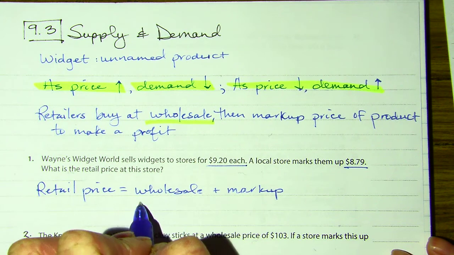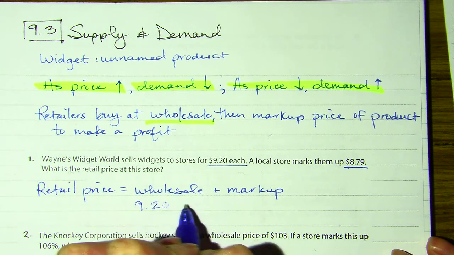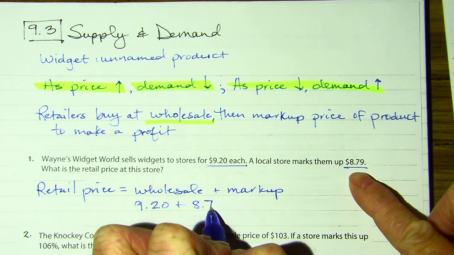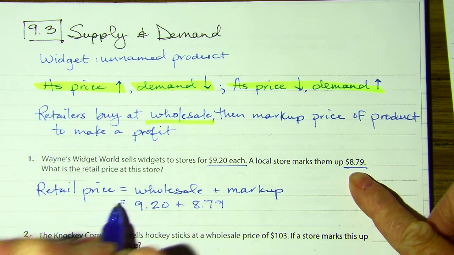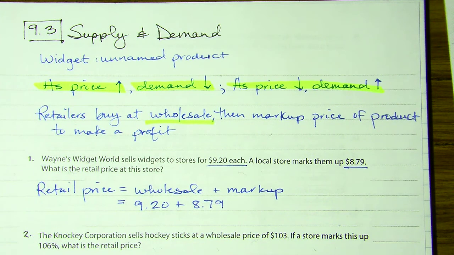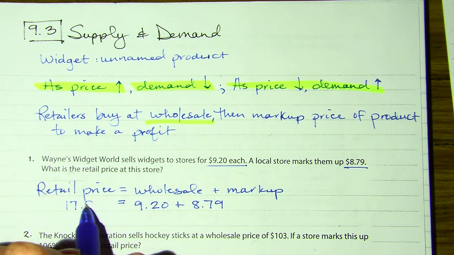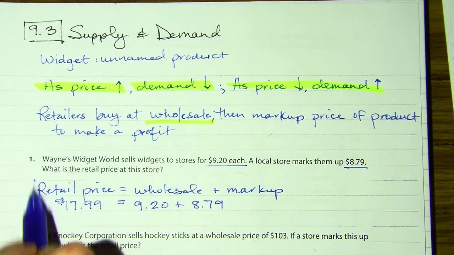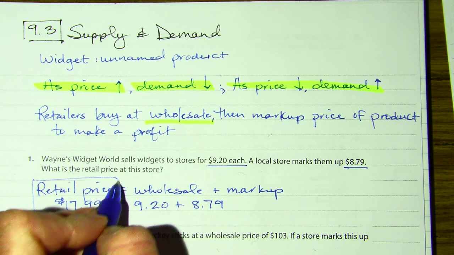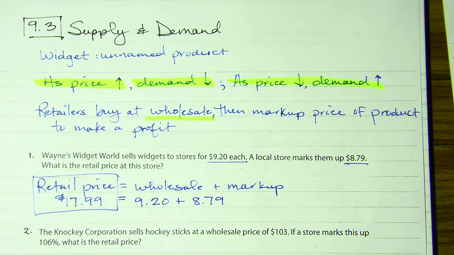So in this case, the wholesale was $9.20 plus the markup of $8.79. So our retail price would give us a total of $17.99. So that is our retail price. Okay, so that's how much they would actually sell it for so they could make a profit.